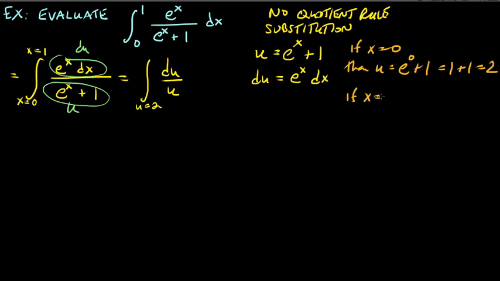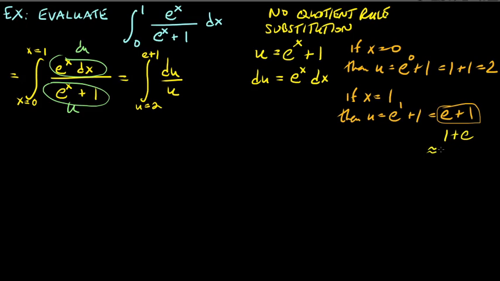If x is 1, then u is going to be e to the 1 plus 1. Now, e to the 1 is just the number e, plus 1. But that's the best we can do. Let's just leave it as e plus 1, or 1 plus e, same thing.